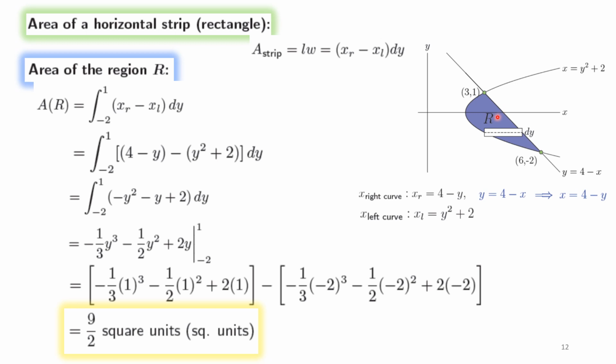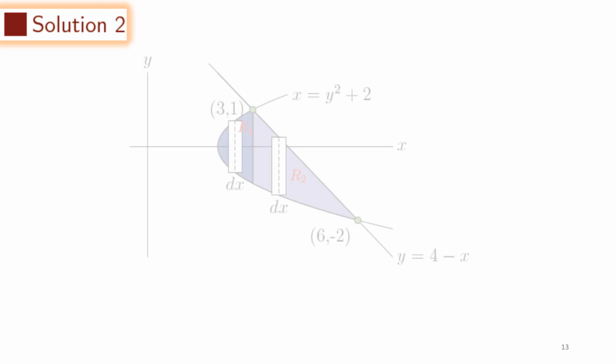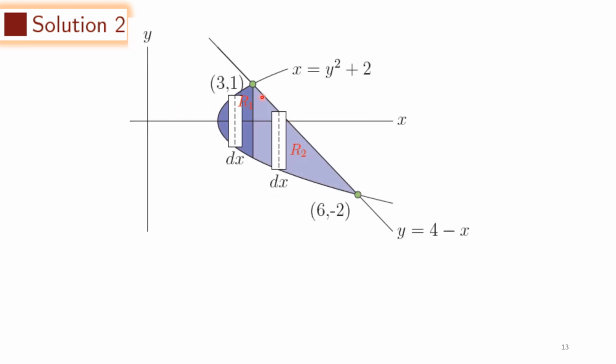Now, what happens if we make use of the area of a vertical strip? So, we're going to solve from here. So, you will now have your dx instead of dy. Here, for solution 2, notice that if we make use of your dx, we have to consider two regions.